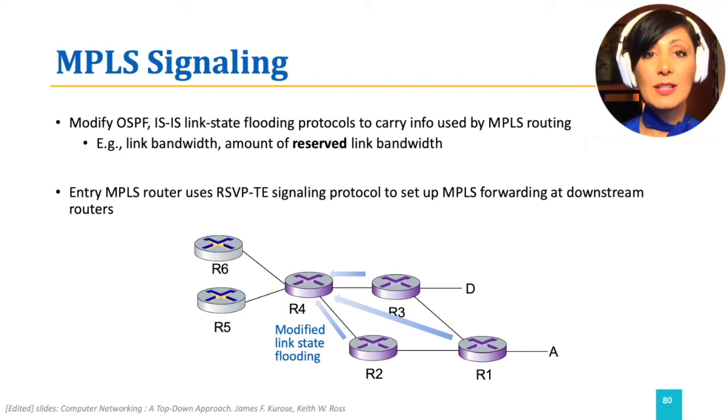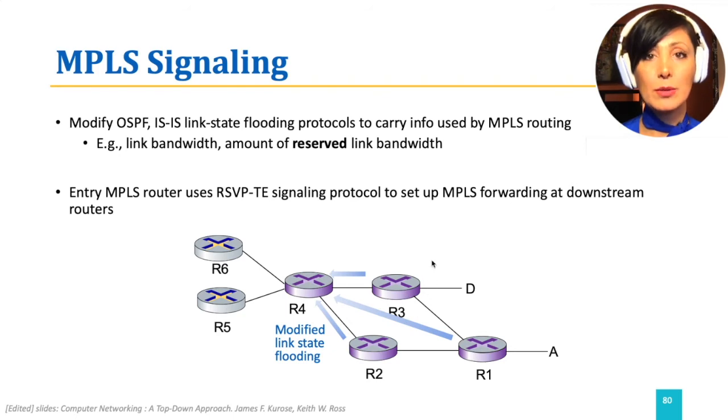In addition, protocols like RSVP-TE signaling could be used to set up the MPLS forwarding. To do this, the entry MPLS router uses RSVP-TE to set up MPLS forwarding at the downstream routers.